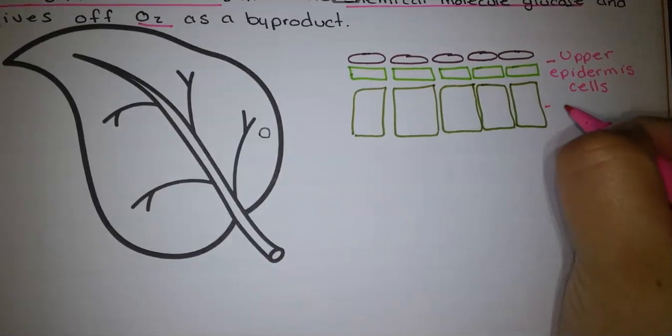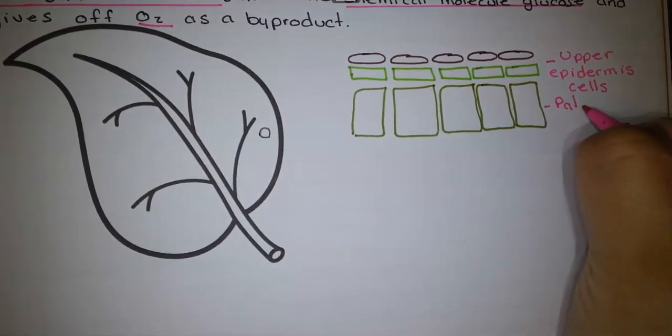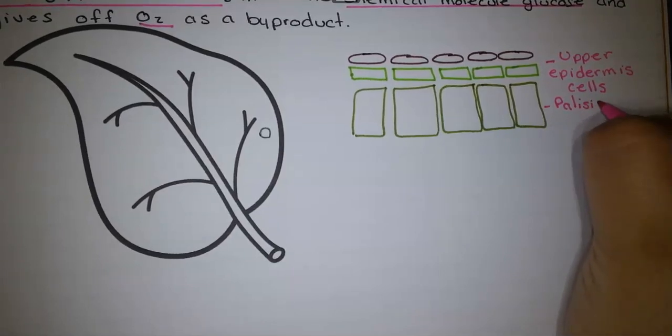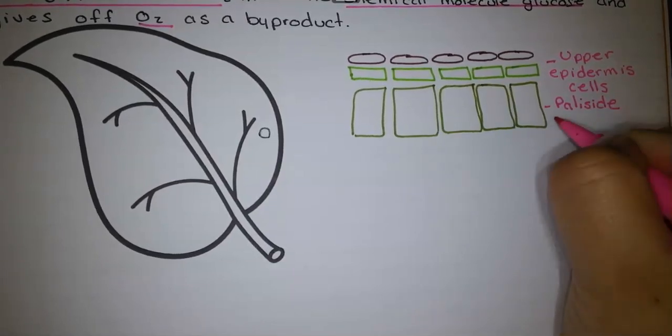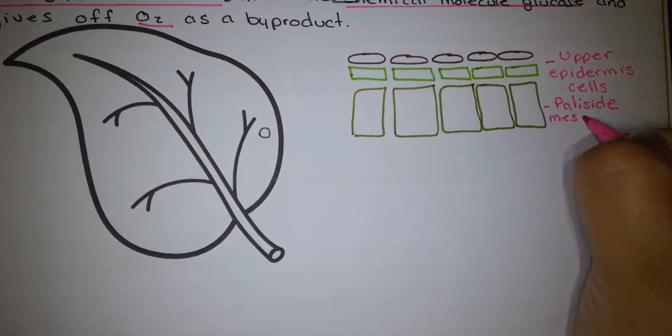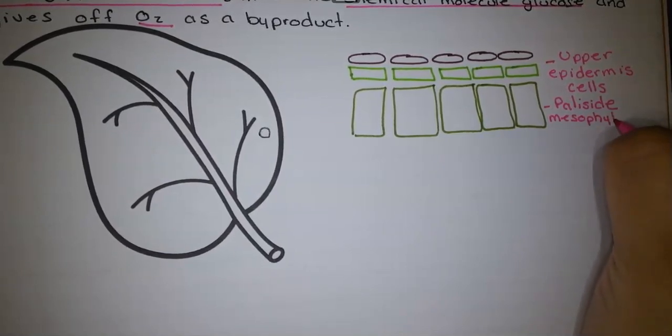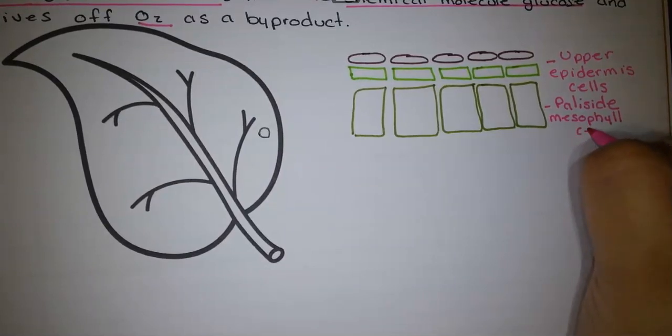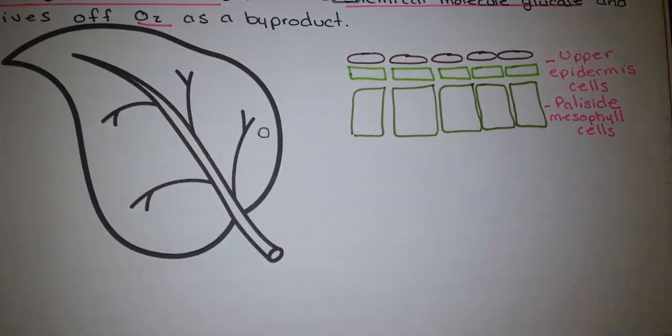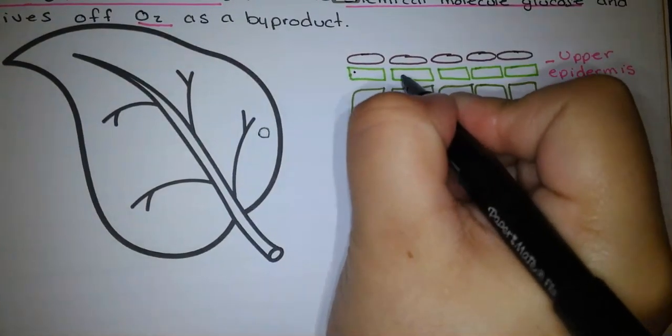These would be the palisade. Now, I am forgetting my nucleus on my cells, but I'll go back. So I'm going to put them in as a black little dot.